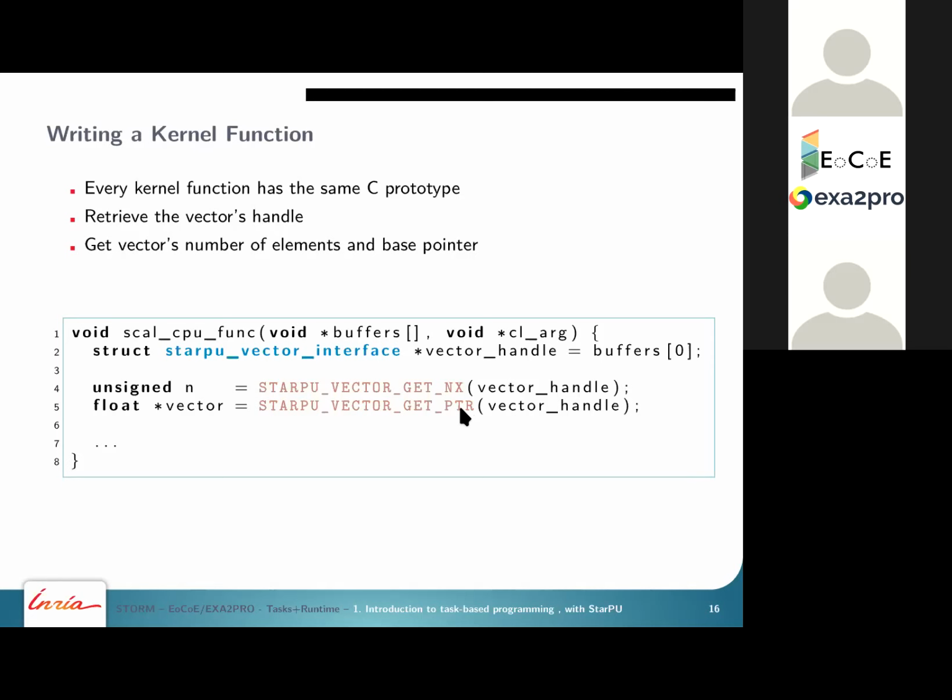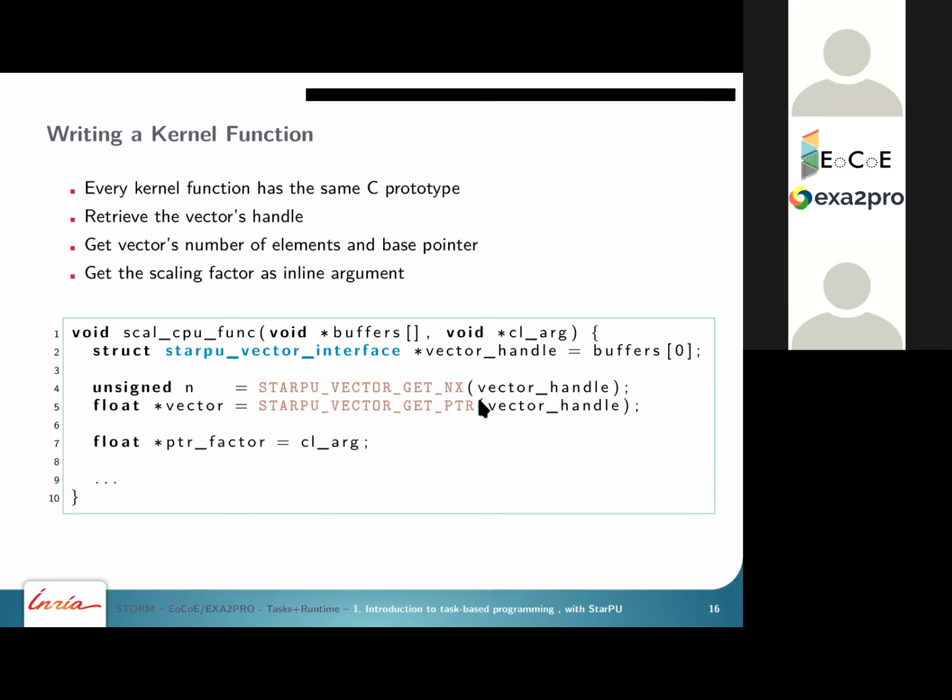So the kernel function here is really not supposed to access global variables like pointers and everything. It has all the information it needs from the parameters: the data, the number of elements and the pointer, and also the small factor.